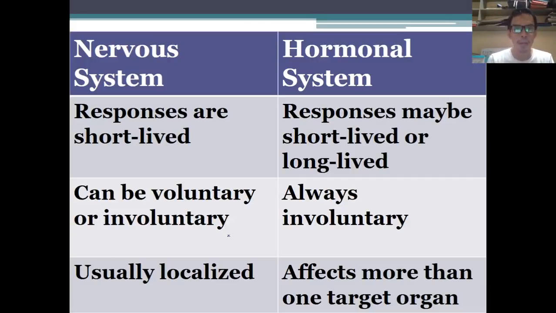Next, the nervous system can be voluntary or involuntary. We talked about this last time: we have the somatic nervous system and the autonomic nervous system. The hormonal system, however, is always involuntary.